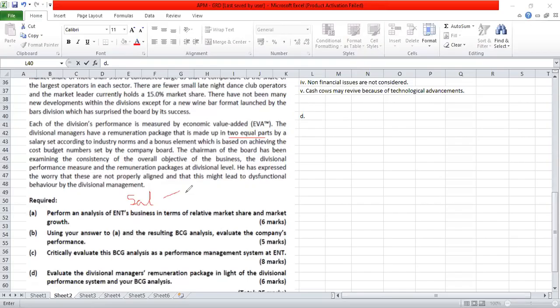So there is a fixed portion which is already set, the fixed salary. Then another one is variable, that is bonus, based on their performance.